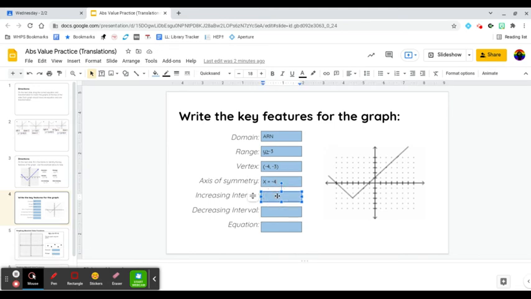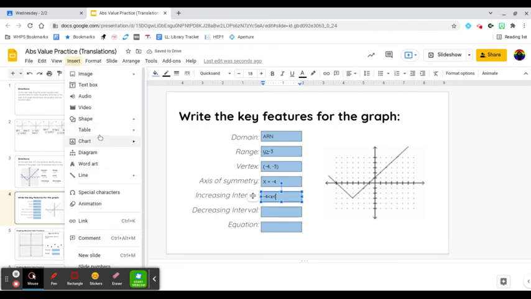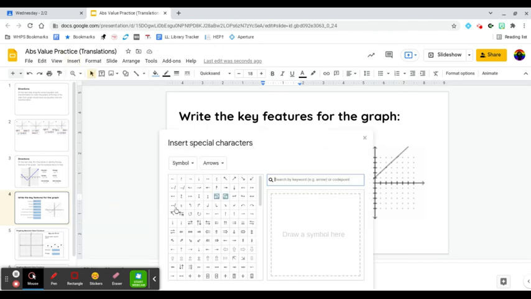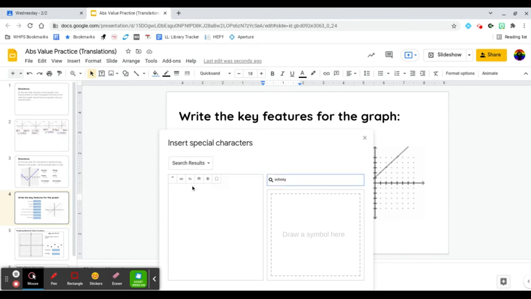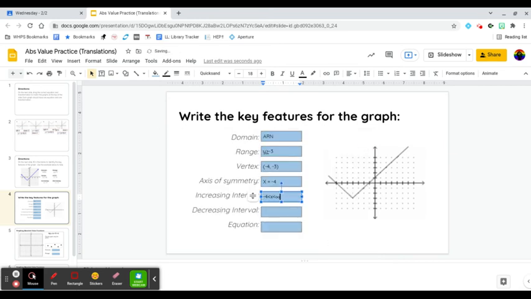As far as our increasing interval, if we had somebody walking on this graph, they would start increasing at this point, this piece of the graph. So starting at the x value of -4 until we get to infinity, which we can get the symbol for by just typing the word infinity and clicking on it, which inserts it into the inequality for us.